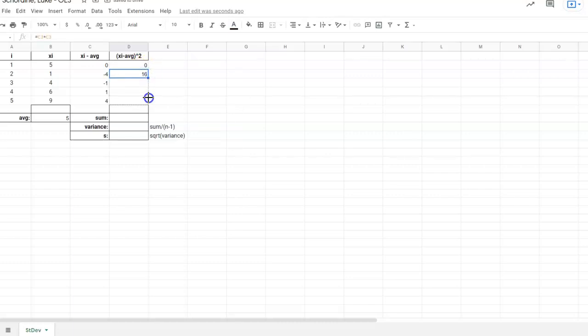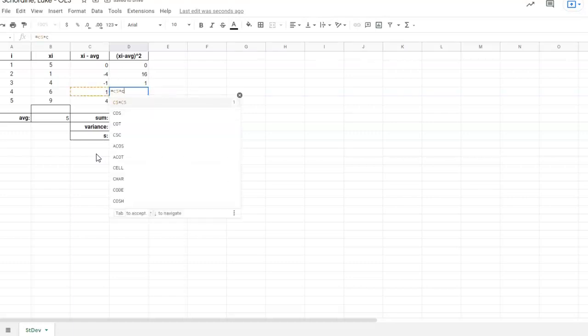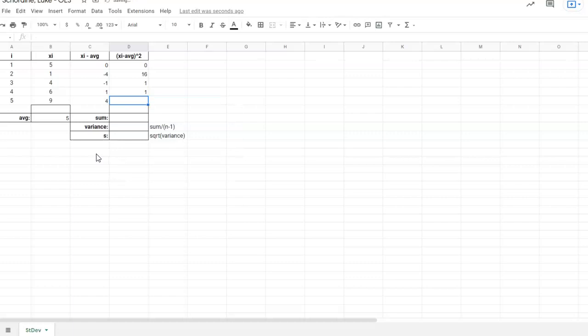I could click and drag down to fill everything in, or I could choose to fill out every formula instead, just to make sure I'm doing it right. So C4 times C4, and then equals C5 times C5. And sometimes when you're doing this quickly, you might make this mistake. This one is supposed to be C6 times C6.